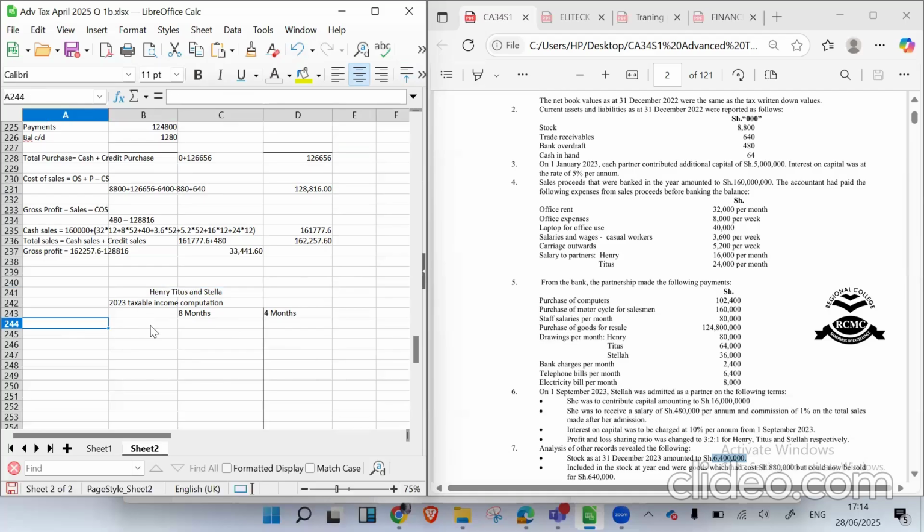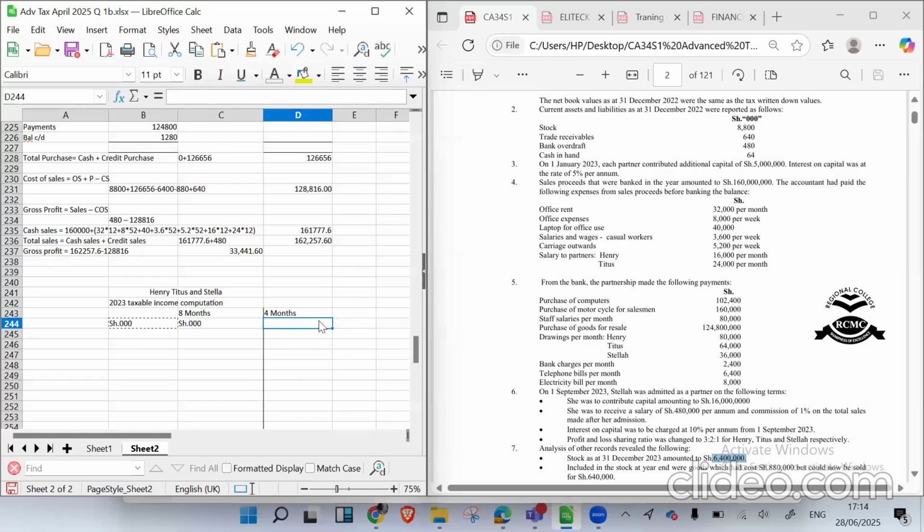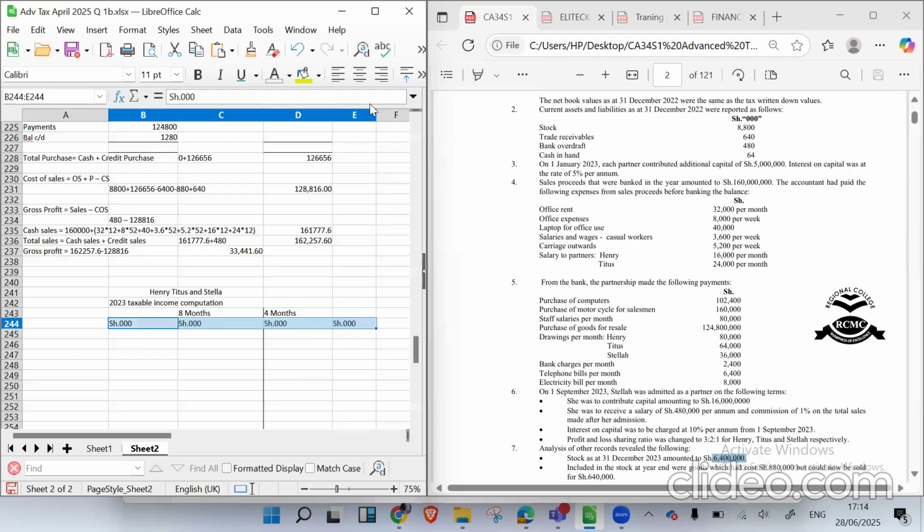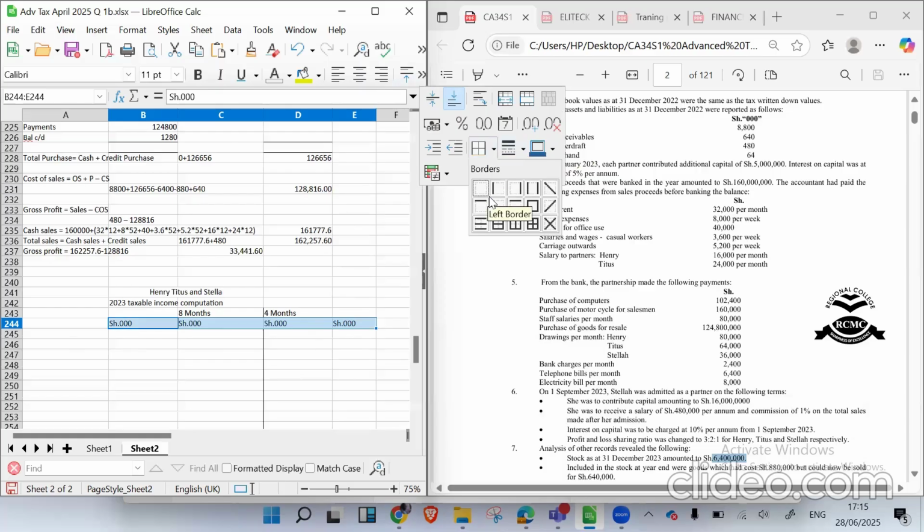Then we can simply start. So let's have it in thousands of shillings. So ni kama tunatengeneza accounts za kampuni mbili. Yes. Moja ina run for 8 months, ingine ina run for 4 months.